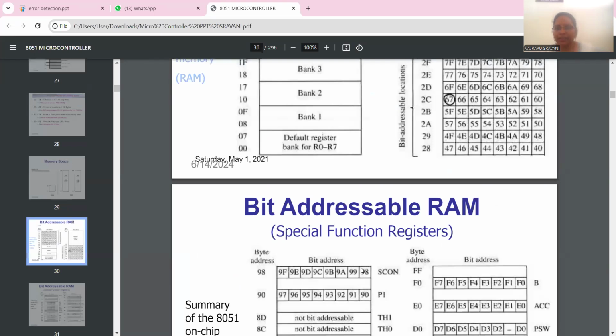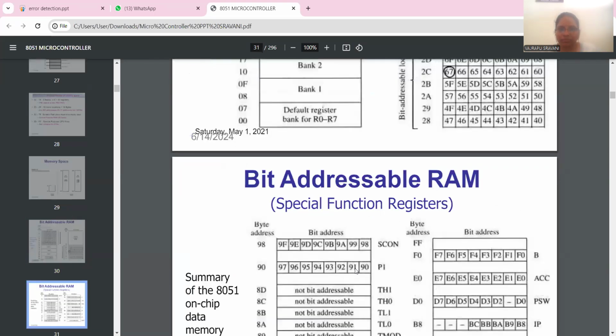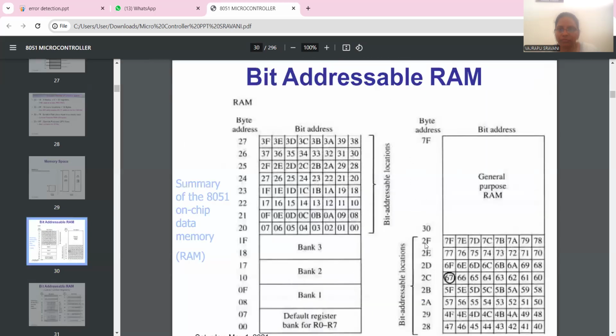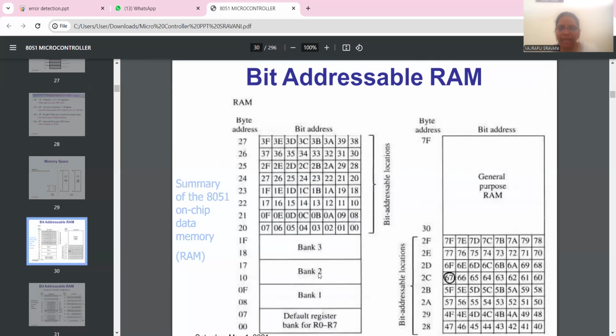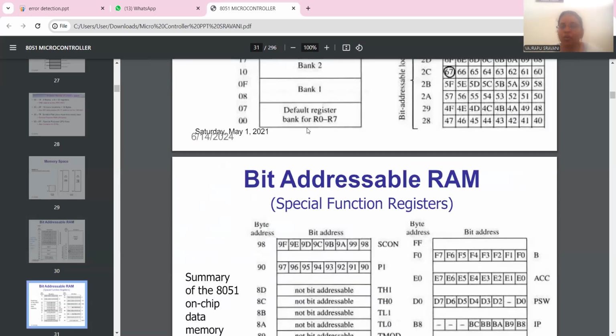This is the diagram. Here are register bank 0, bank 1, bank 2, bank 3. Without choosing RS1 and RS0, by default it is bank 0 only. Only when we enable or disable the bits does it change the banks.